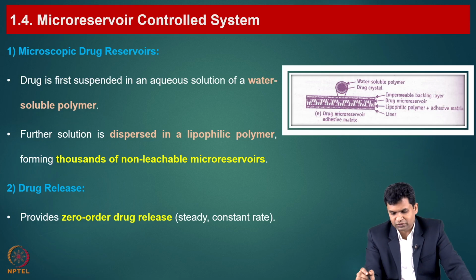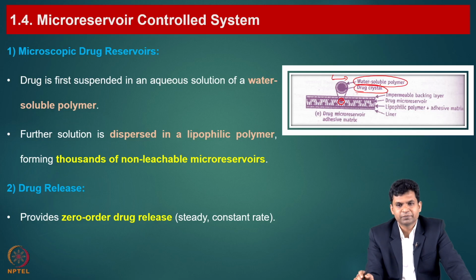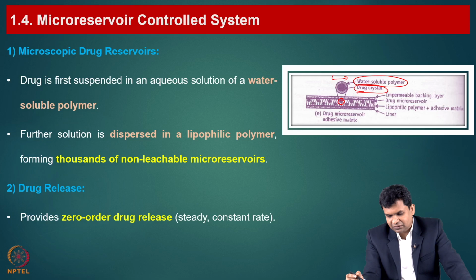Now, you can see the picture representation. So, here are the particles which are the microreservoir systems. You can see here there is a drug crystal that is encapsulated with the water soluble polymer, and after encapsulation, this drug-loaded water soluble polymer system we further disperse into the lipophilic polymers.